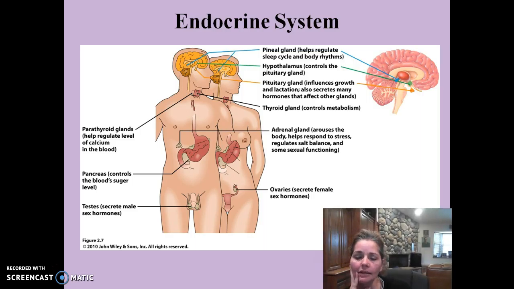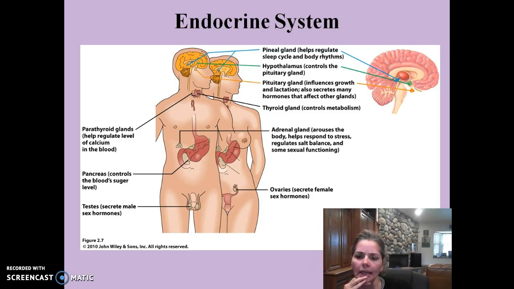The pineal gland is a really important part of our sleep cycle. It detects the different light availability, and based upon that, it's going to produce melatonin to let our bodies know that it's time to sleep when it's dark outside.